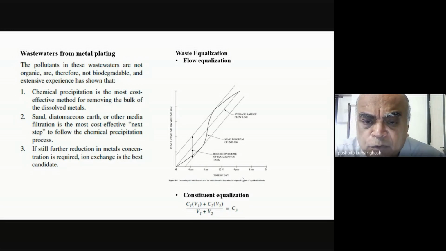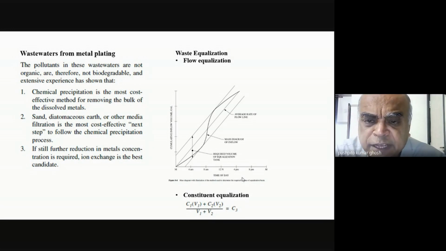Because if I have to look at peak surges, suppose the highest that I'm getting is something like 5 times my lows, then obviously I have to make a much bigger effluent treatment plant, which may be impractical.